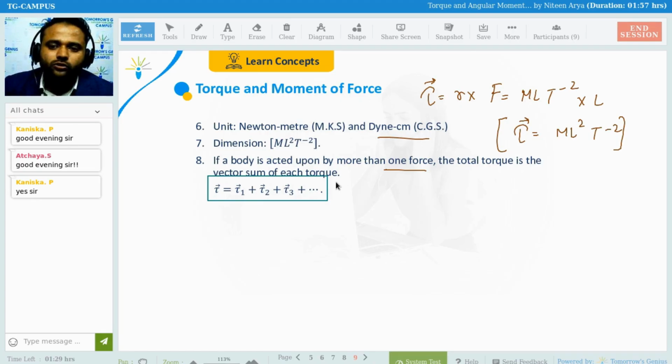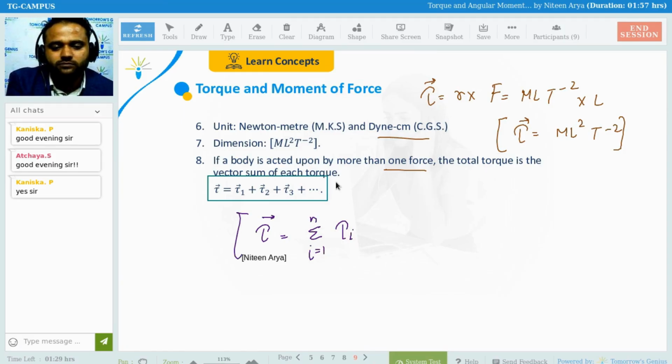In the same way, the total torque tau is T1, T2, T3, T4, up to Tn. You can rewrite this as the total torque equals the sum of torque i from i equals 1 to n. Clear everyone?